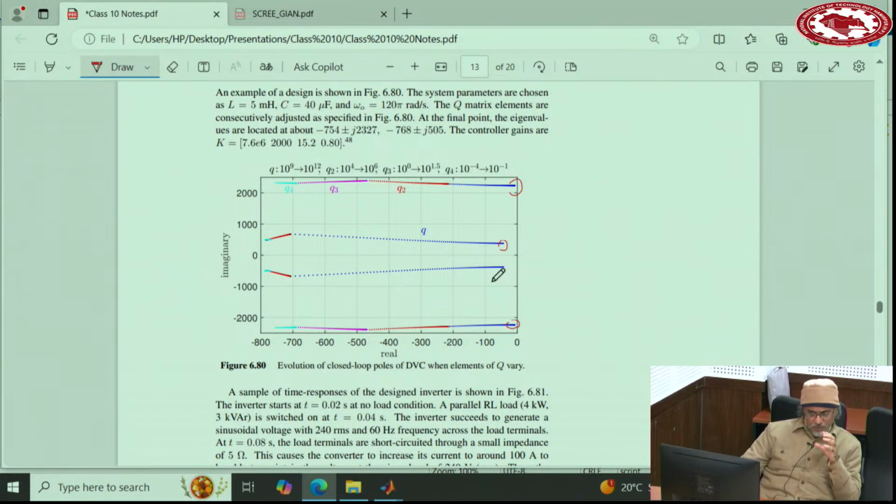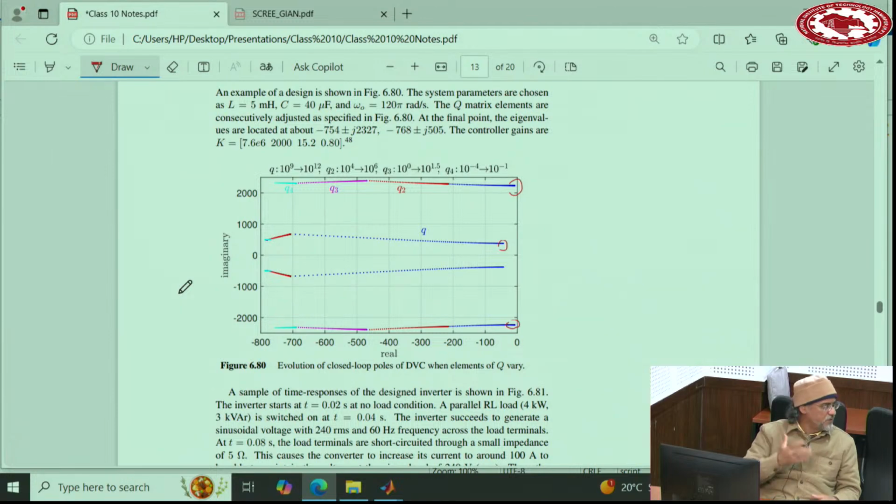This represents the high frequency, this represents the low frequency, 60 hertz. So when you increase Q, it dominantly moves the low frequency terms. Then you go to Q2, which also moves the high frequency terms, then Q3, Q4. And let's say we stop here. We see all the poles are around negative 800, 1000, around that. These are the typical numbers for this level of switching frequency that we consider here.